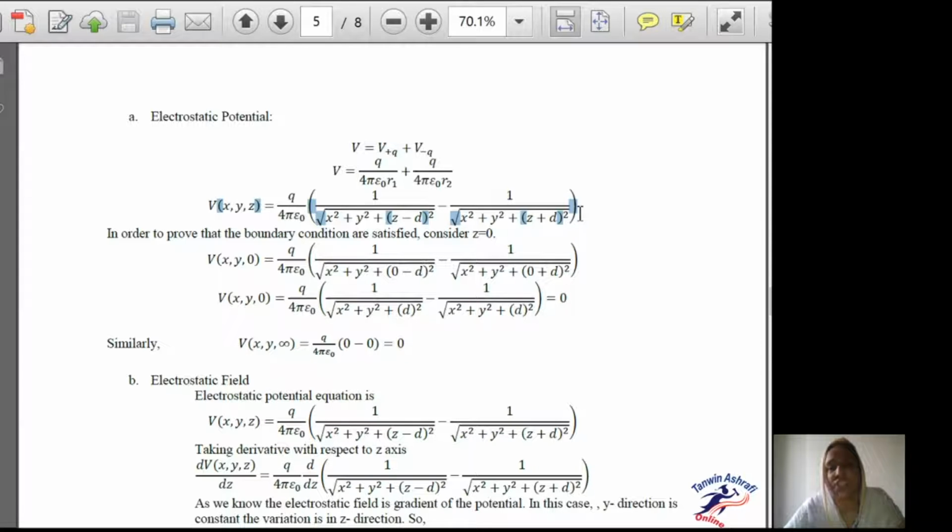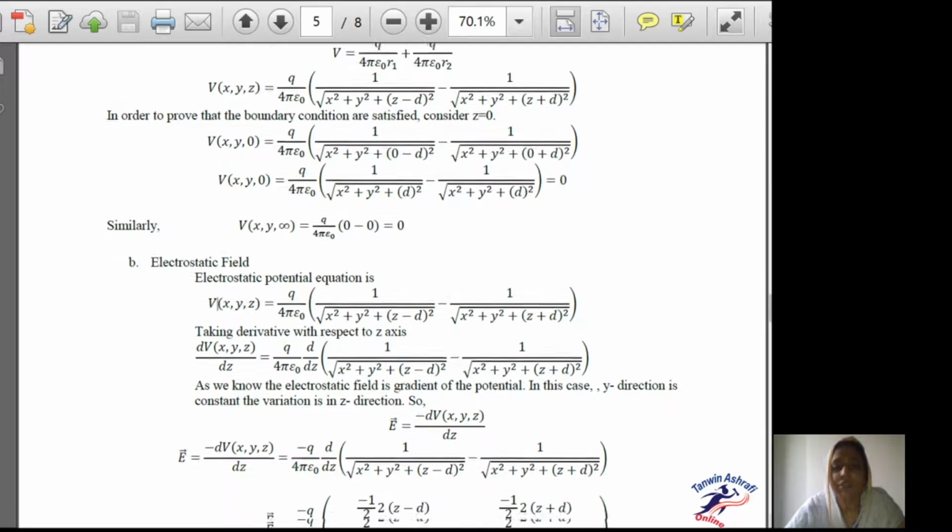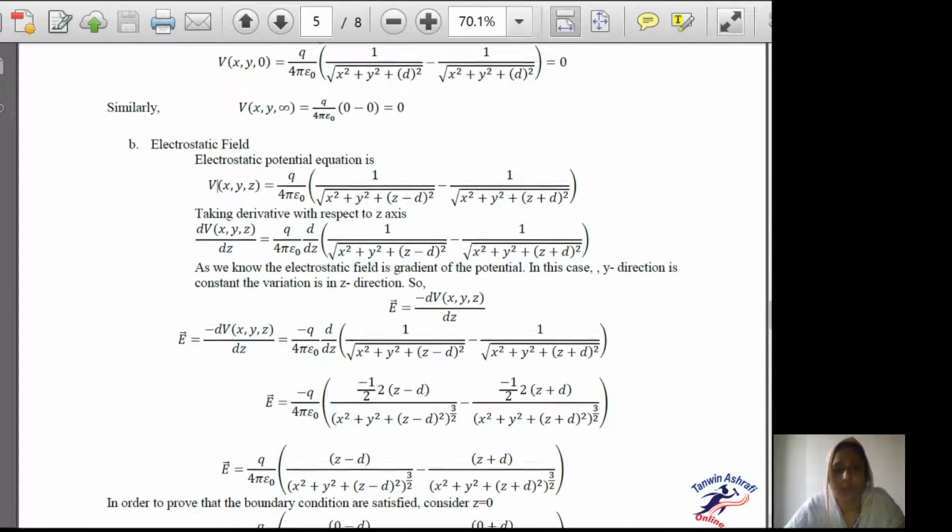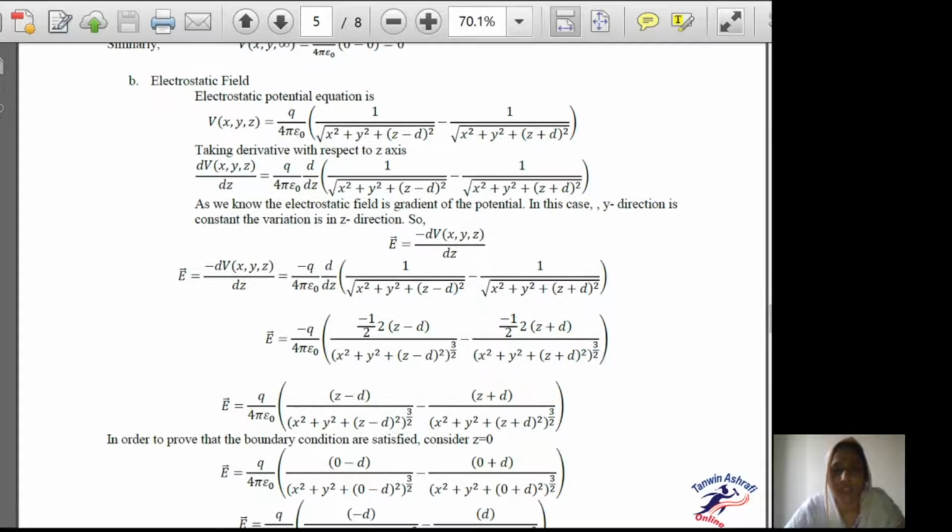So there is only change in the z coordinate, and therefore we will find the gradient in the z direction. This is the potential equation which we have drawn, and we will take the derivative with respect to z. When we take the derivative with respect to z, we will find the electric field, because the electric field is minus grad of potential.